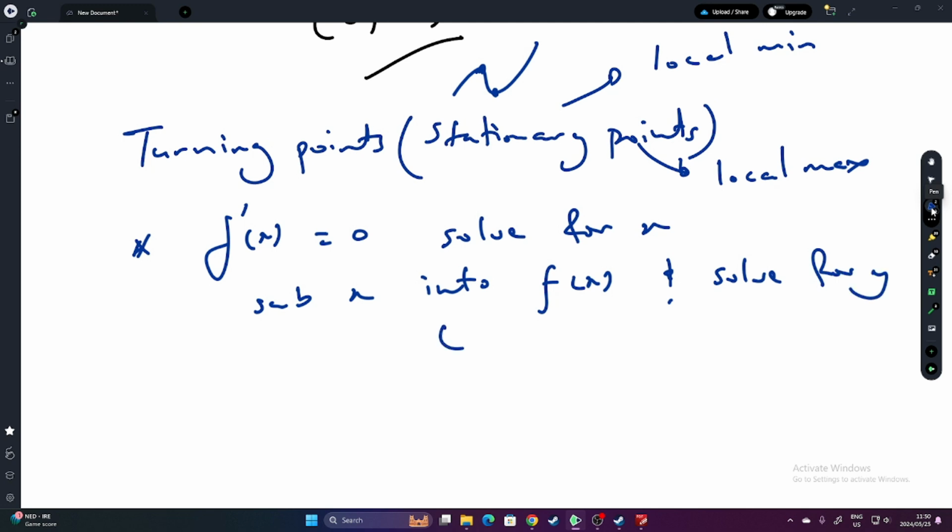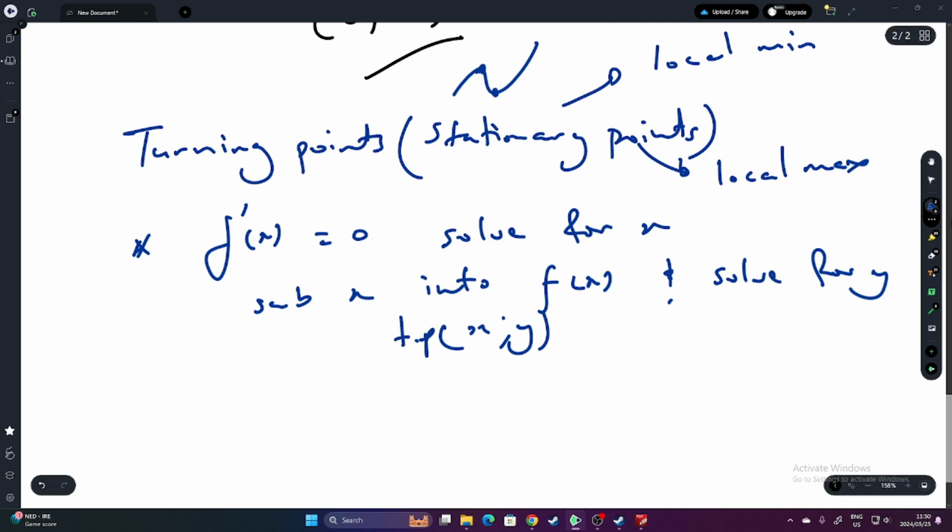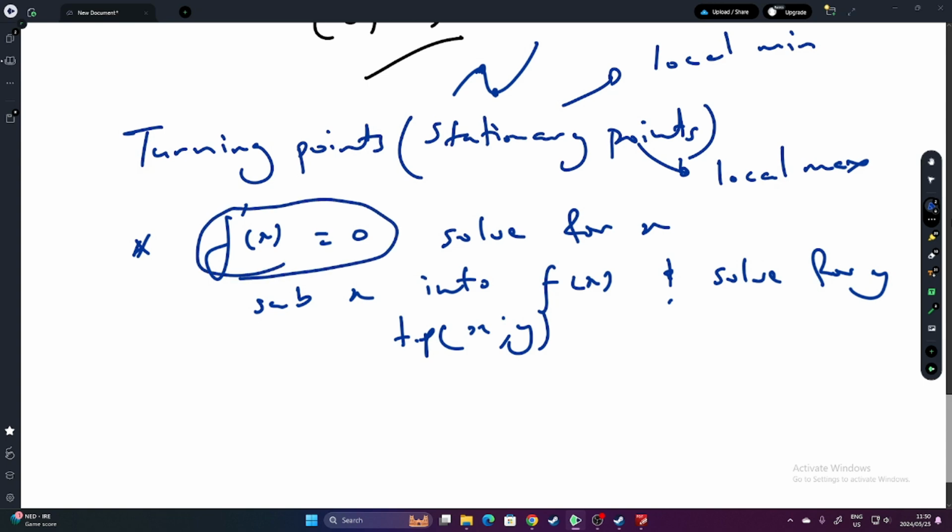And then you would have your x and y value for your turning point. Right? Now the question is, and this is actually an important question, because it's not nice to just follow steps blindly when we're trying to solve something. Why do we set f prime of x equal to 0 when we're trying to find these stationary or turning points?